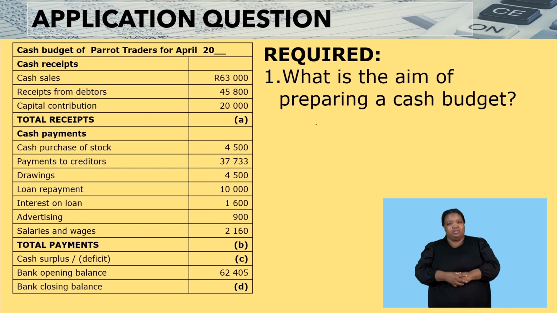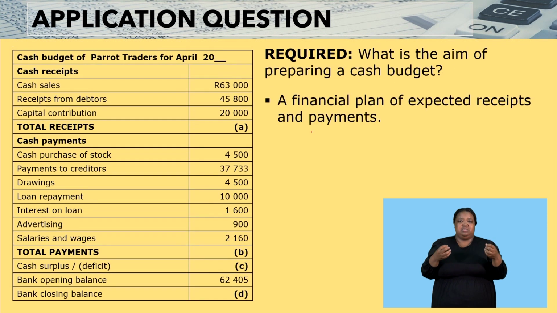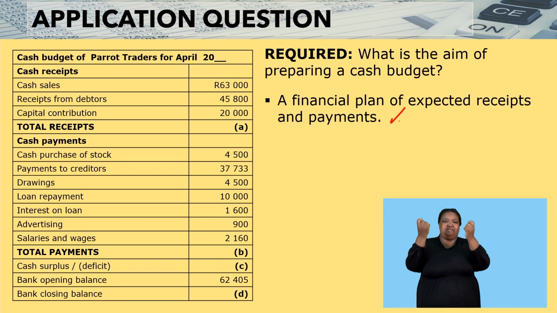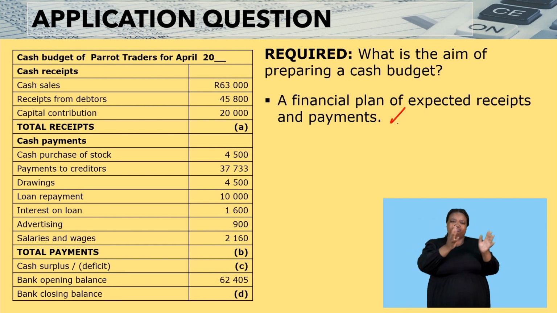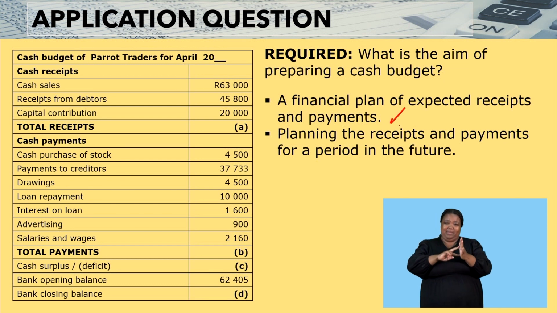It says, what is the aim of preparing a cash budget? Number one, I would say it is a financial plan of expected receipts and payments. Number two, we would prepare a cash budget for planning the receipts and payments for a period in the future.